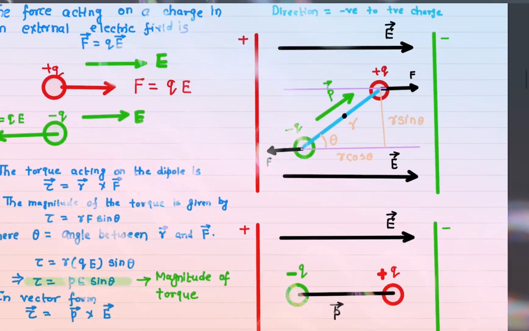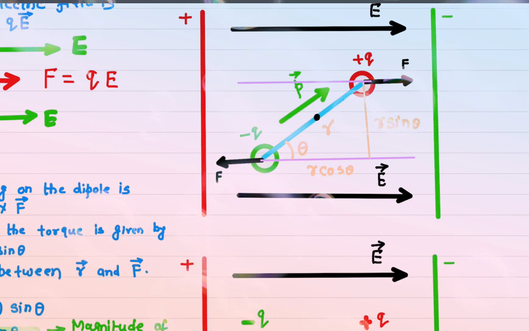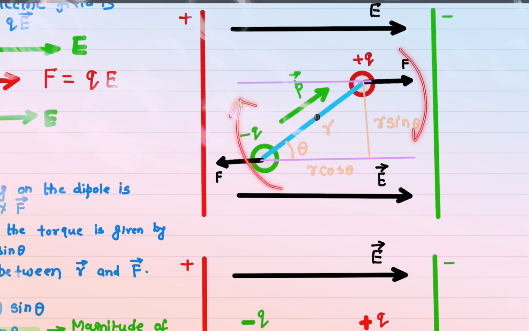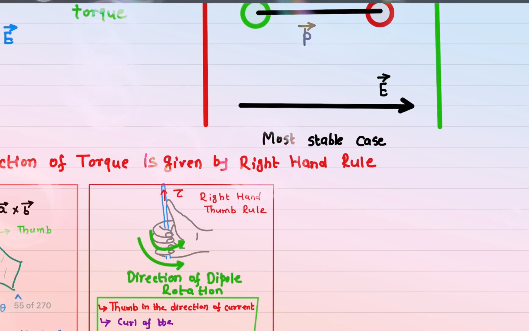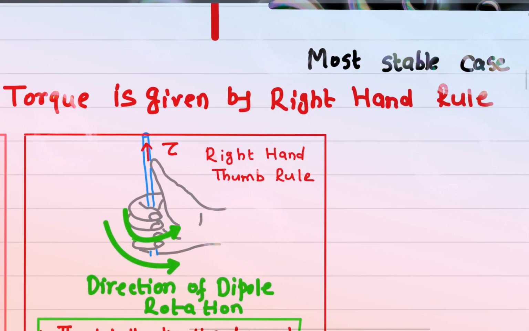In order to understand the direction, first let's talk again about the force. These two forces will try to rotate this dipole in this direction here. So this will be the direction of rotation. Now, in order to find the direction, you have to use the right hand rule. What you have to do is curl your fingers in the direction of rotation.